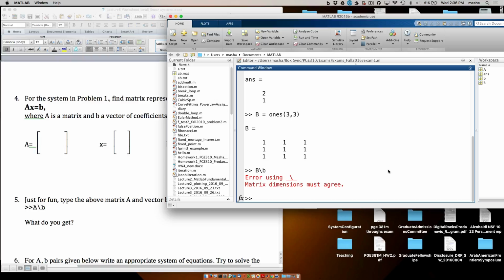It's an operator that can do different things, and one of its functions is that it can solve linear problems. This backslash operator is very specific to MATLAB. Everywhere else, you will have to type in something numerical that will give it A and B and return X.